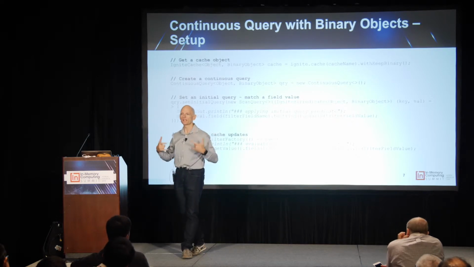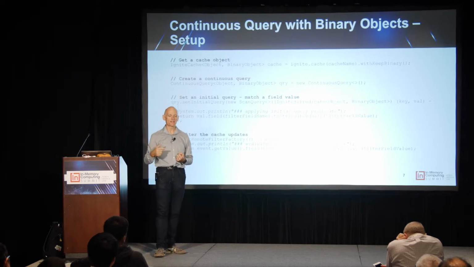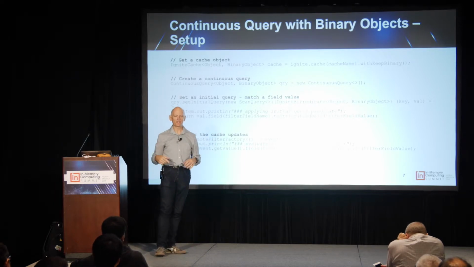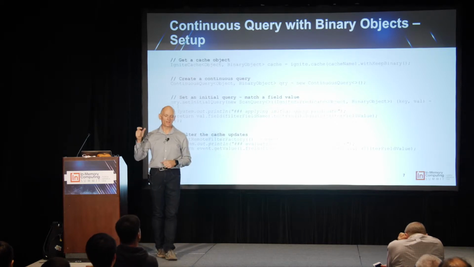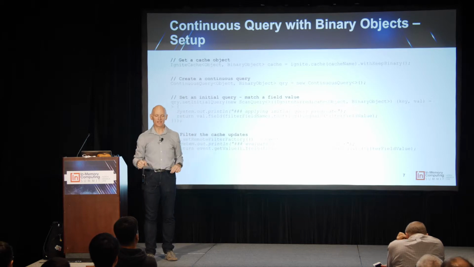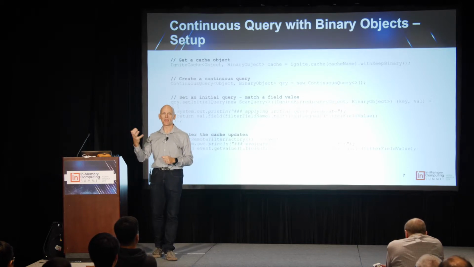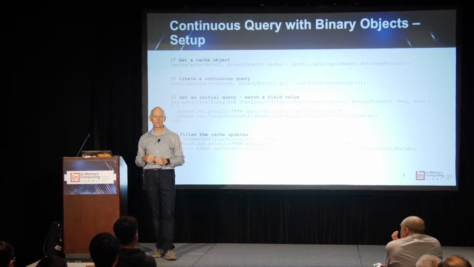It needs to populate some local state. And so what I did here is it's just a scan query, and I've kind of parameterized everything. I'm just saying, OK, if the data has a field with this name and it equals this value, then I want to know about it. So I just made a very, very simple scan query there.